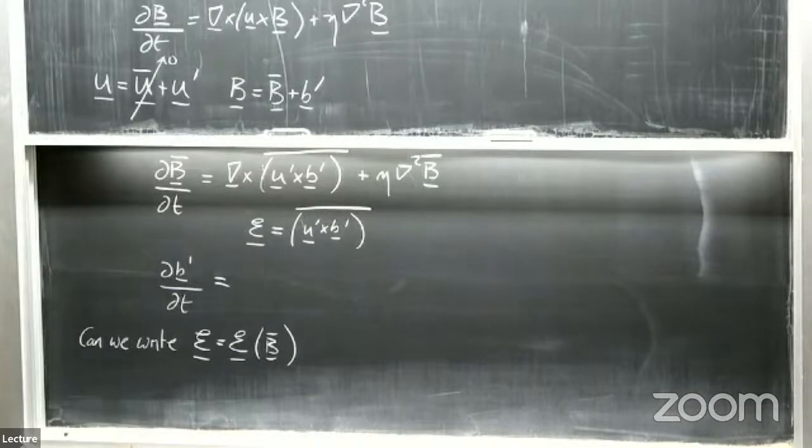And we write out, it's now a kind of famous ansatz. We write, well, E is a vector, so we simply write a linear Taylor expansion.